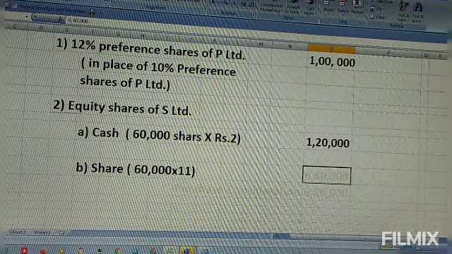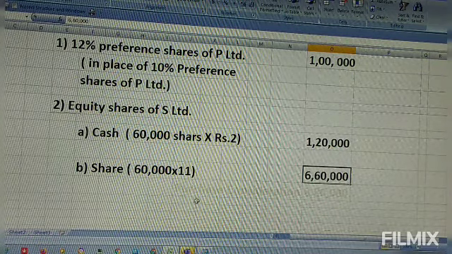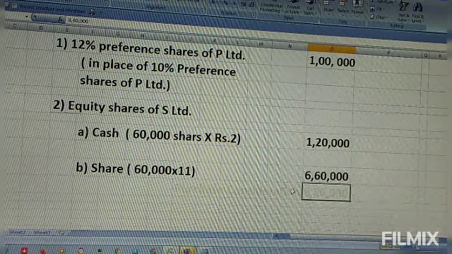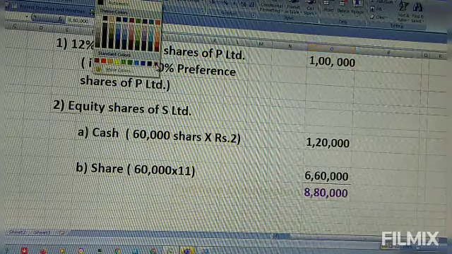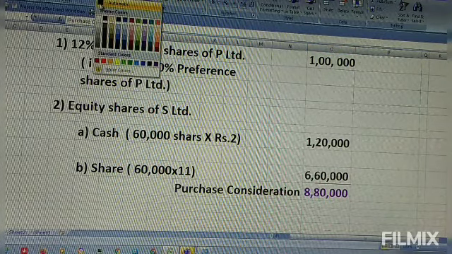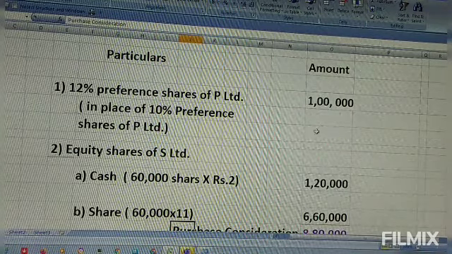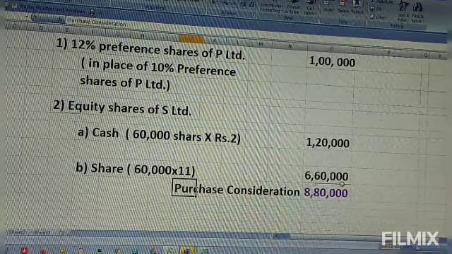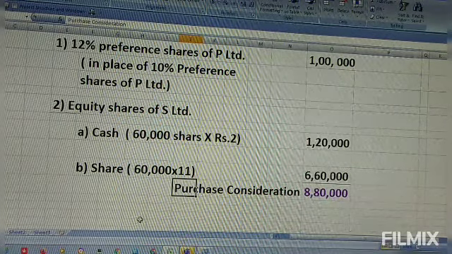We already calculated 10 rupees plus 10% of 10 rupees, so 1 comes. So 1 lakh plus 1,20,000 plus 6,60,000, it is 8,80,000, the total purchase consideration.